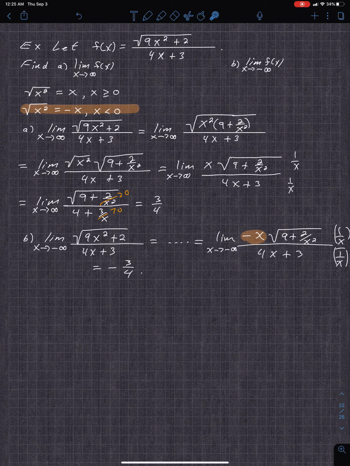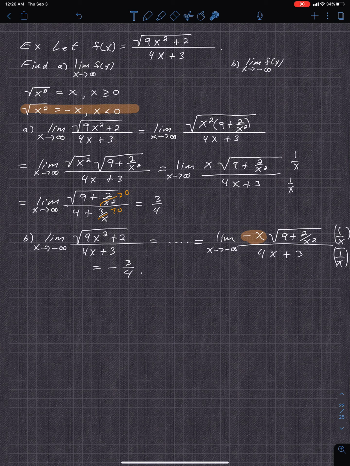If you distribute this x squared back, you get 9x squared plus 2. So in that form, I can then rewrite this as root x squared times root of 9 plus 2 over x squared. So that right there tells me what I can do.